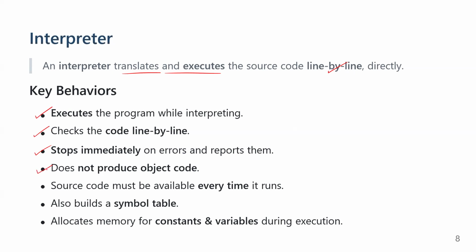It does not produce object code, and source code must be available every single time it runs. It also may build a symbol table, and it allocates memory for constants and variables during execution. So those are the key behaviors of an interpreter, where the main idea is that it executes while interpreting line by line and stops to report any errors, which makes it a perfect contender for debugging purposes.